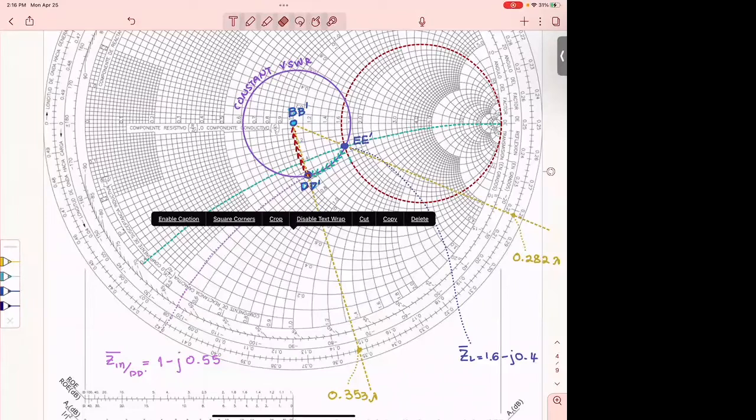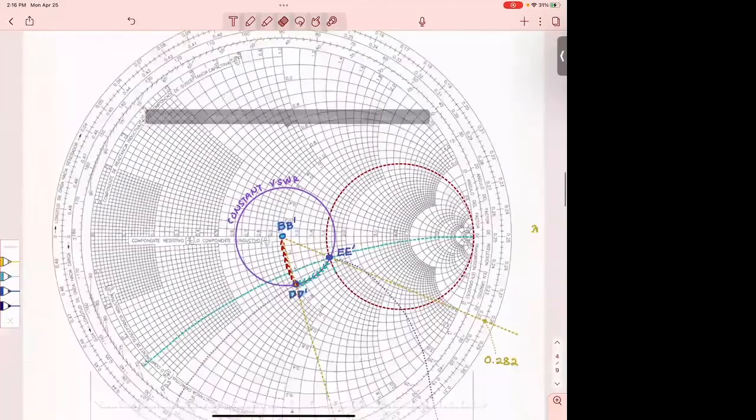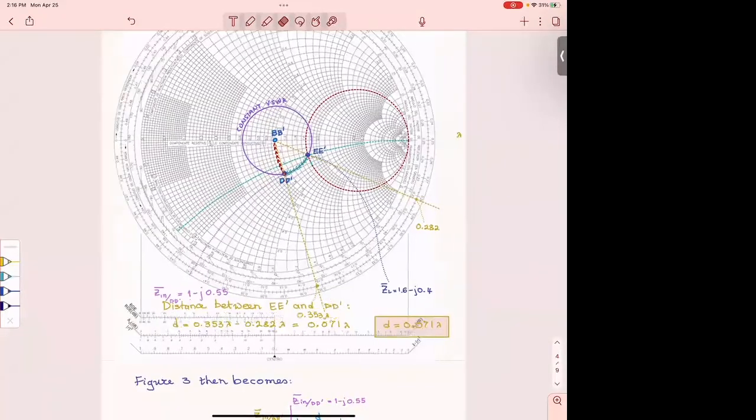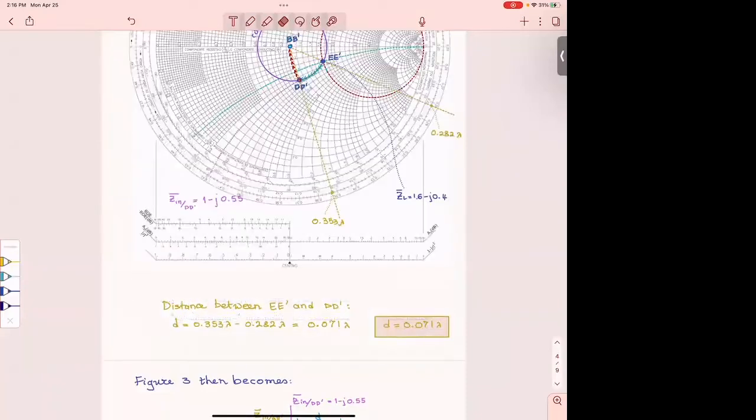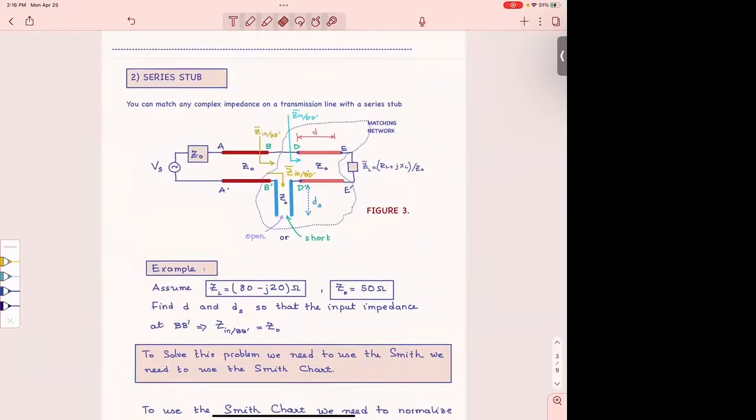Now if I go back up here, I know where I am. When I read this point on the Smith chart, I found it to be 1 minus J.55. So if I want to place a stub, this stub has to cancel the reactive, the imaginary part of the input impedance at DD prime.